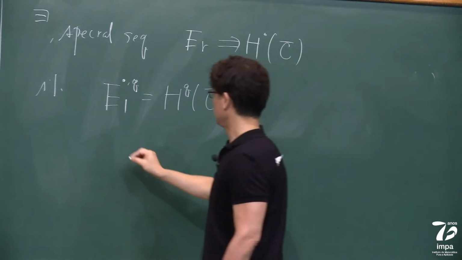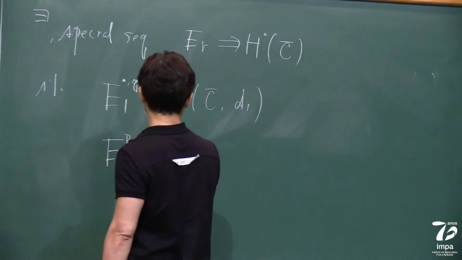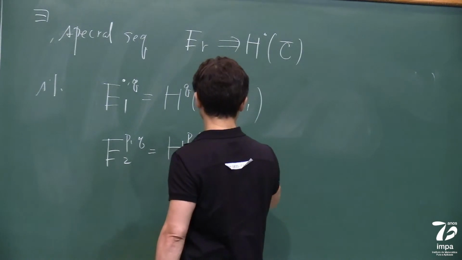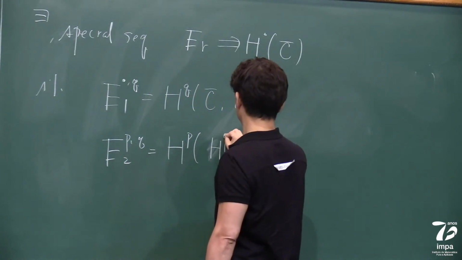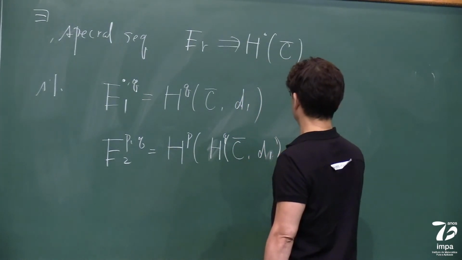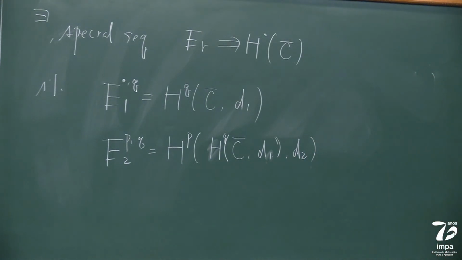And E2 is a cohomology of E1 with respect to d2. Because d1 and d2 anti-commute, this cohomology is well defined.